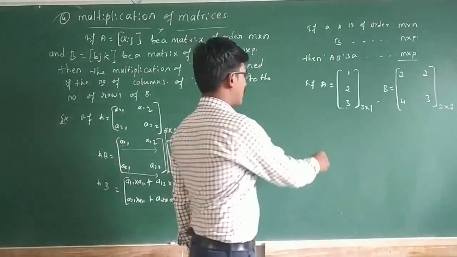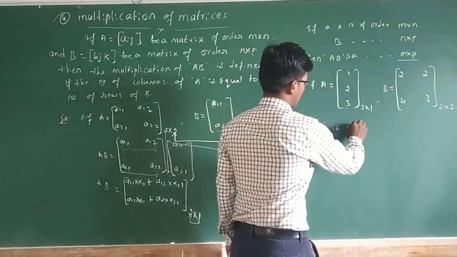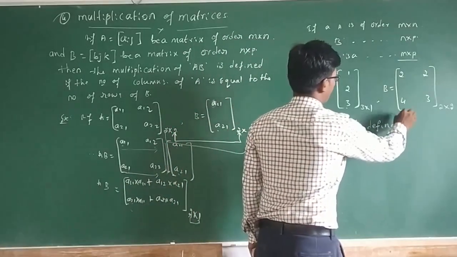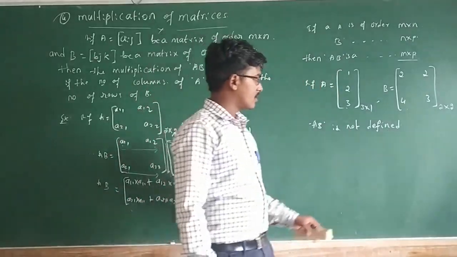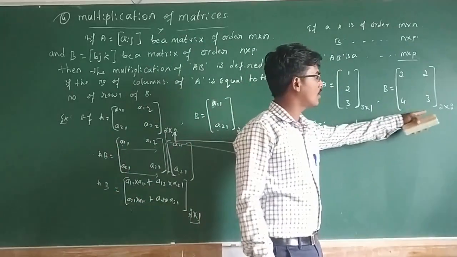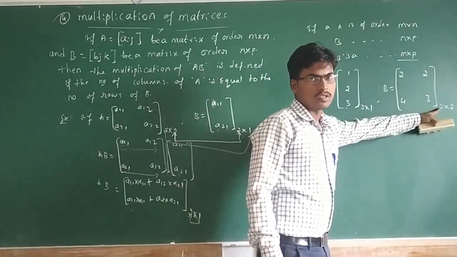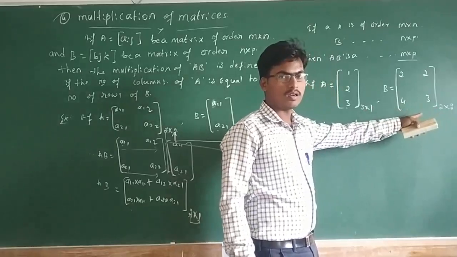Here AB is not defined, or AB is not possible. Why? Because the number of columns of the first matrix is not equal to the number of rows of the next matrix. So again, AB is not possible or not defined.